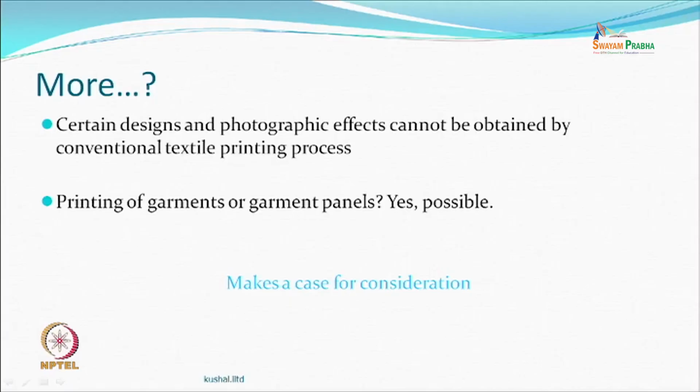Certain designs and photographic effects cannot be obtained by conventional printing processes. This is very important. Till the time you had a concept of transfer printing, you were not even dreaming about it. What kind of design are you thinking of on a machine, let's say a rotary screen printing machine? We said 8 colors, how many more?